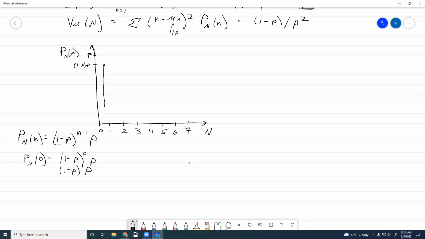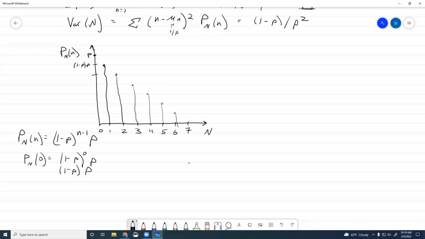Good. And then so on and so forth. We'll just keep going down. I'm drawing it simply as a linear decay, but it's a geometric decay, so it's not going to be linear.